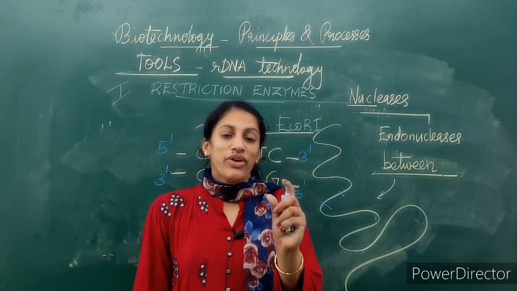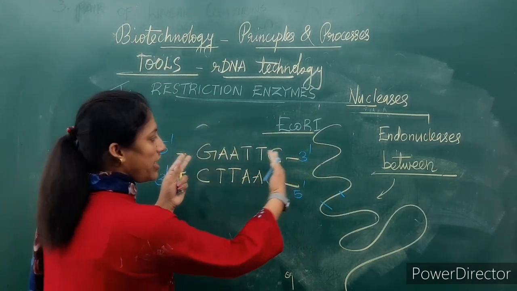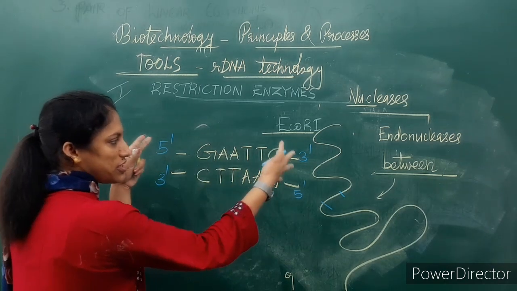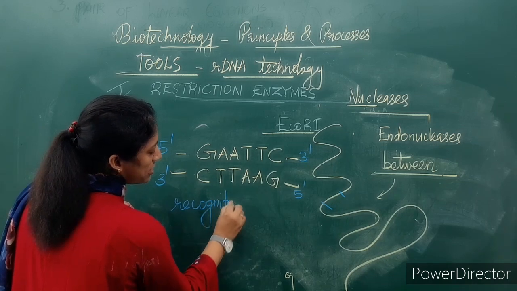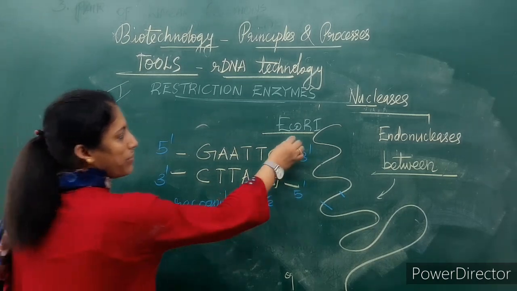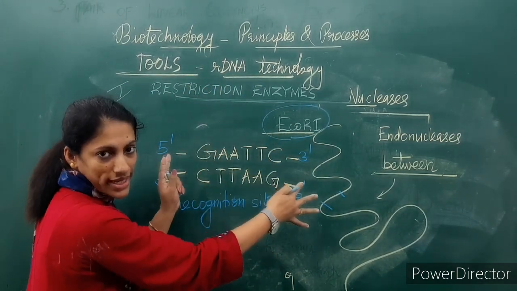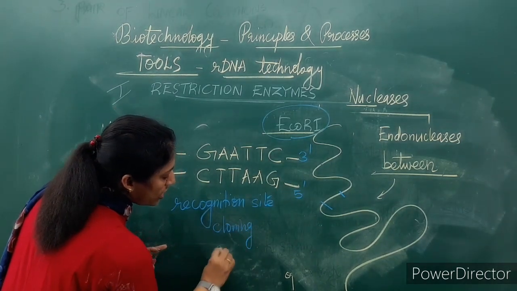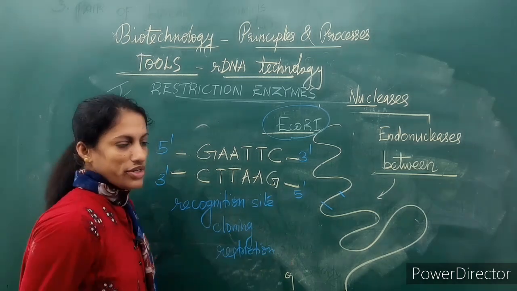So EcoR1's restriction site is GAATTC. This is the restriction site, recognition site, or cloning site of EcoR1. I mean, EcoR1 is able to cut the DNA only at this particular site. For every enzyme it is different.